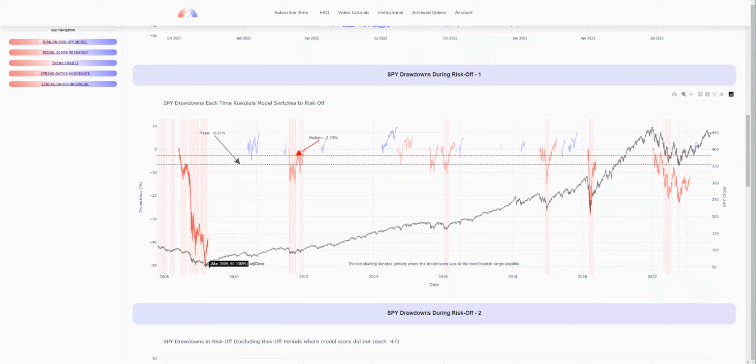The red periods are periods of risk off, and the blue are the periods when the risk off failed, i.e., when the model basically failed to give you a true risk off position, and the market continued up.